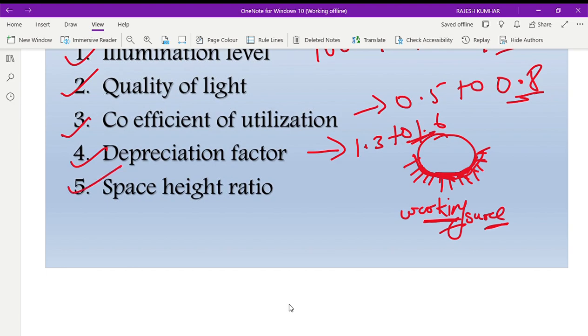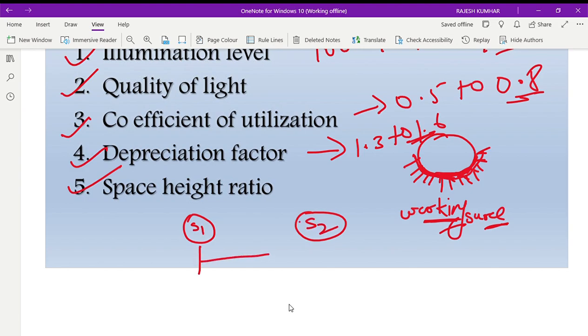Now the last one is the space height ratio. The space height ratio is the ratio of the space between two adjacent lamps to the vertical height of the lamps above the working plane. That is basically the horizontal distance. Suppose this is the first source S1 and this is source number 2.